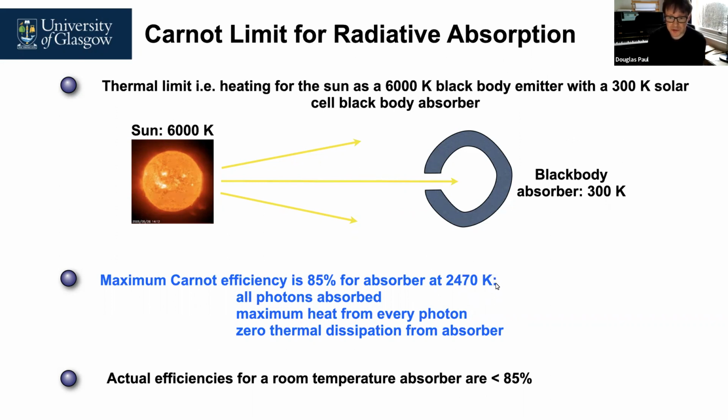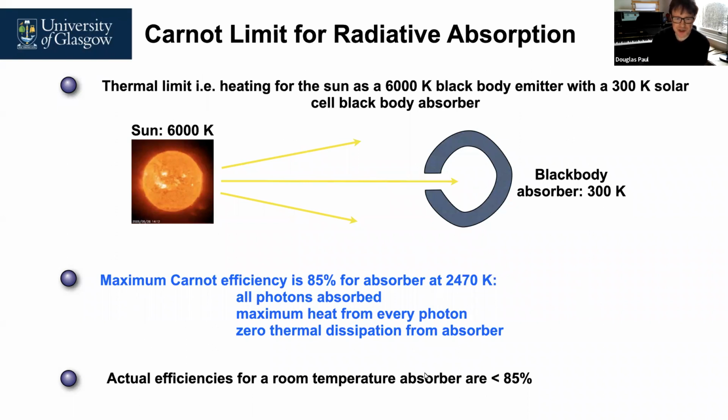Now, this is one of the reasons why the actual Carnot efficiency, if we look at a black body absorber at 300 Kelvin, is going to be less than 85%, but the maximum possible efficiency of taking solar energy and converting it into any other form of energy is 85%.